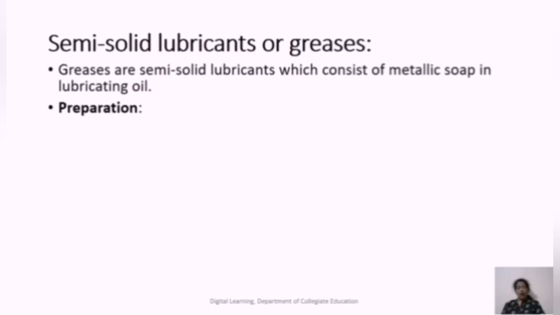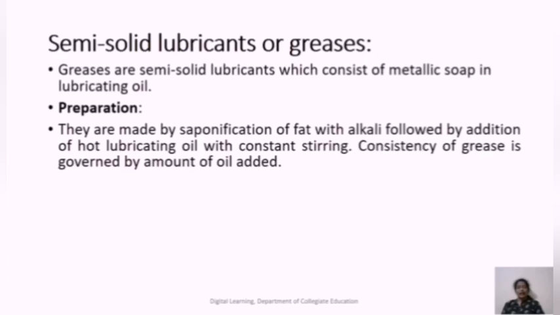So let us know how they are prepared. They are made by saponification of fat with alkali followed by addition of hot lubricating oil with constant stirring. Consistency of grease is governed by the amount of oil added.